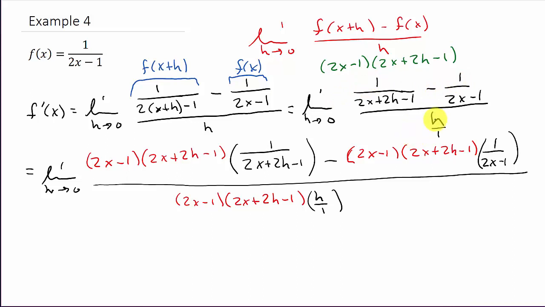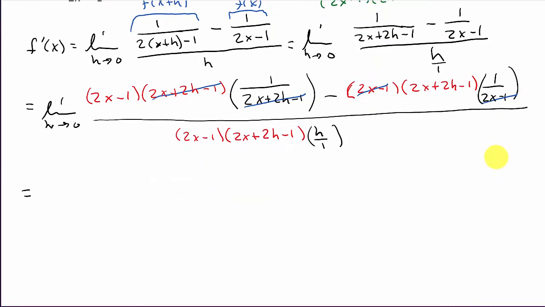You could just squeeze it in, but I wanted to write it out so you could see it. Alright, so let's see what we get. Look at this: the 2x minus 1 cancels out.